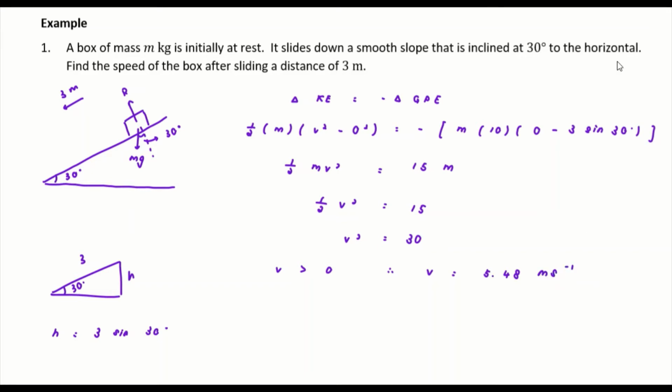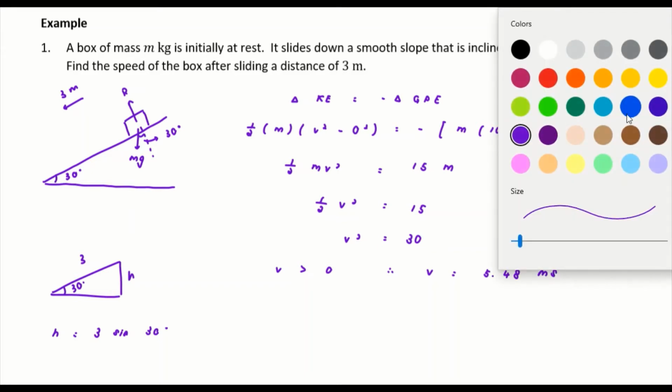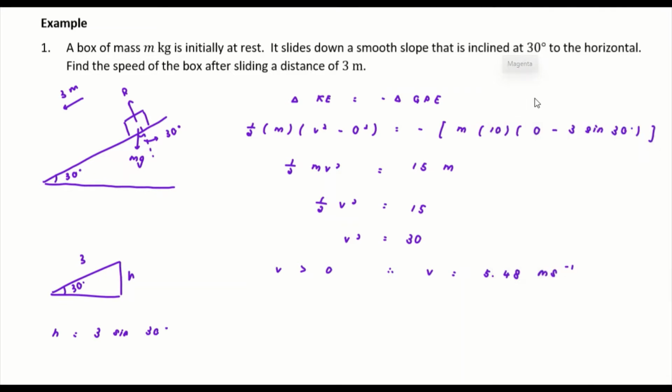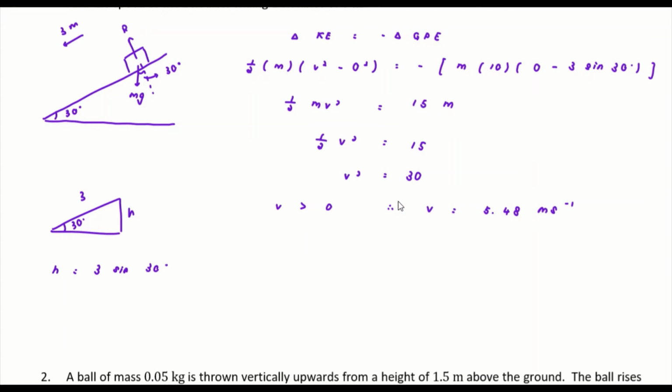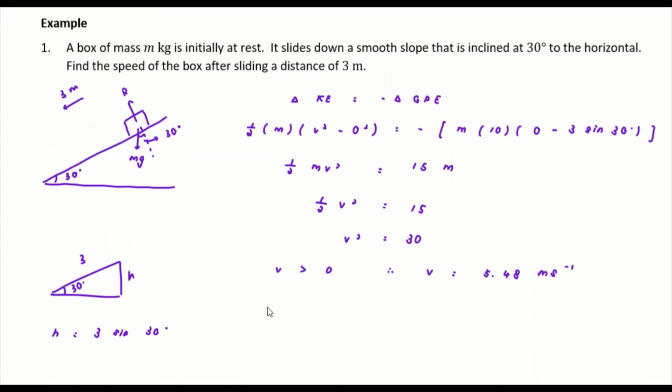Okay, so this is by using the first approach. So the second one is, if you try to use the idea that the mechanical energy is the same throughout the process. So which means you can try to do the kinetic energy initial plus the GPE initial equal to the KE final plus the GPE final.